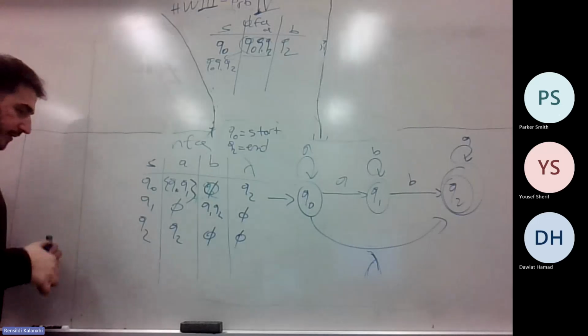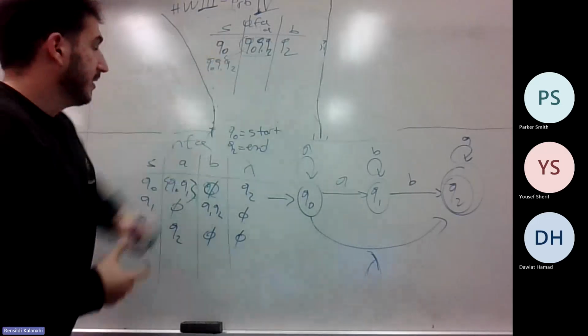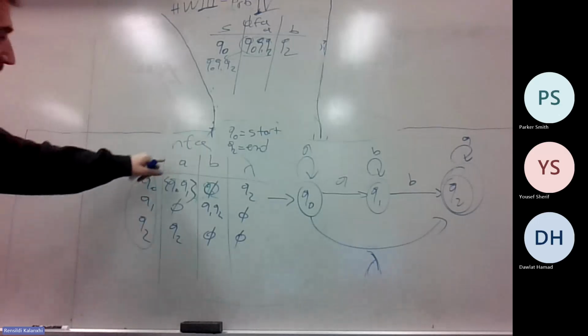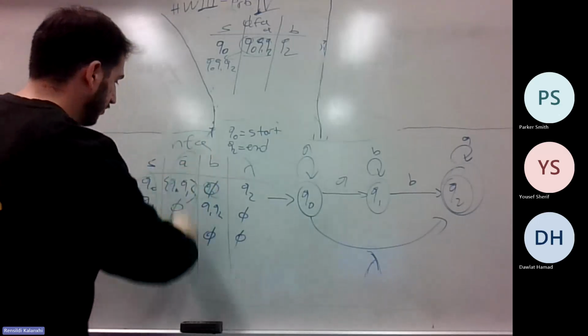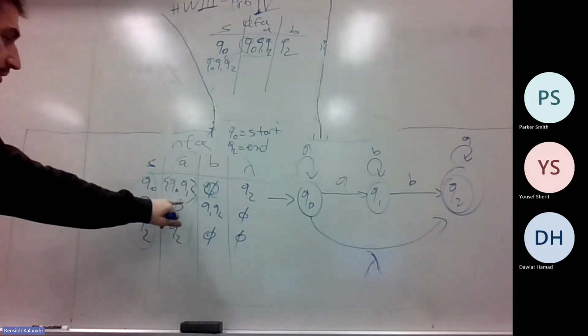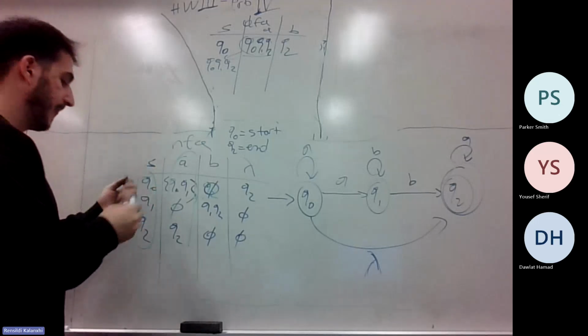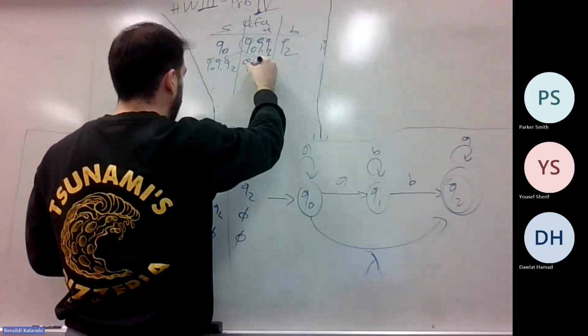Then we look at the NFA table. For A, what does it include? It includes Q0, Q1, Q2, so for the A transition it's going to point to itself.